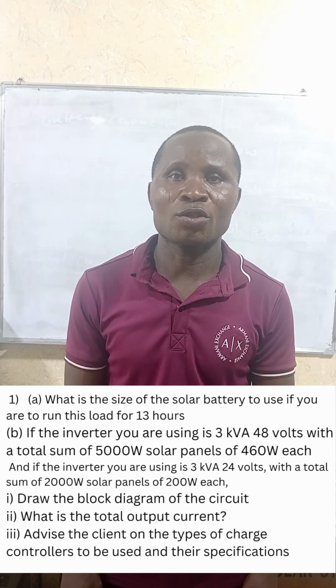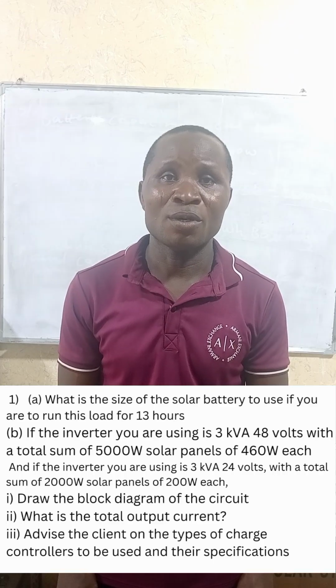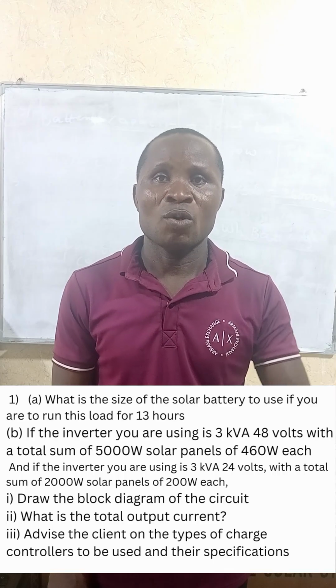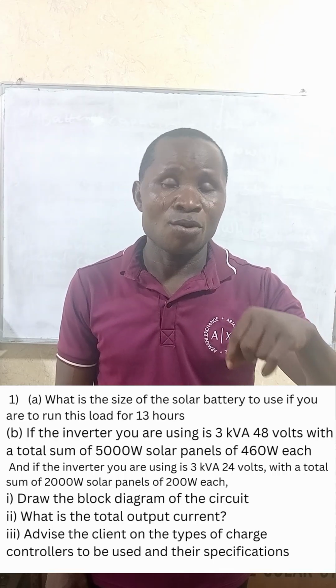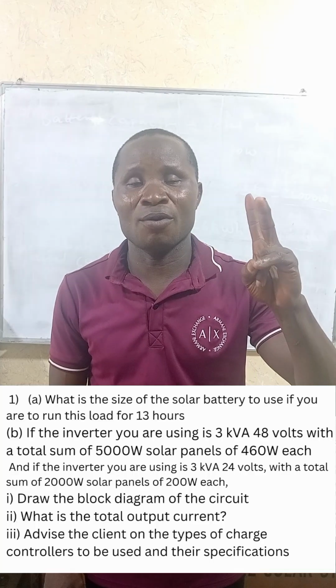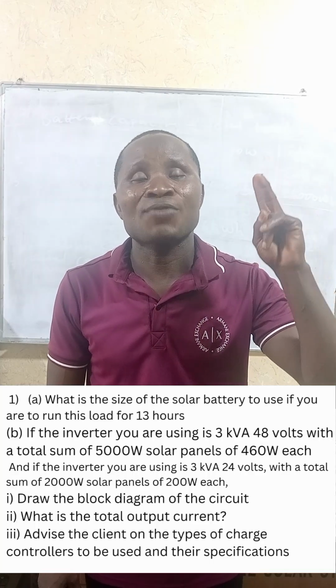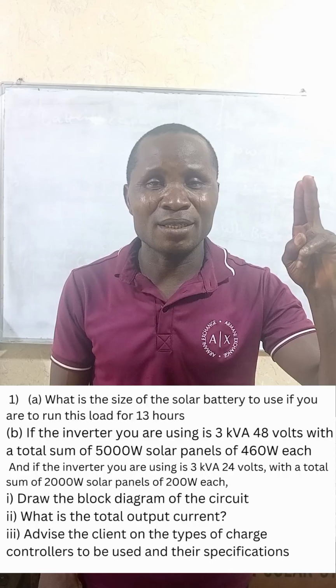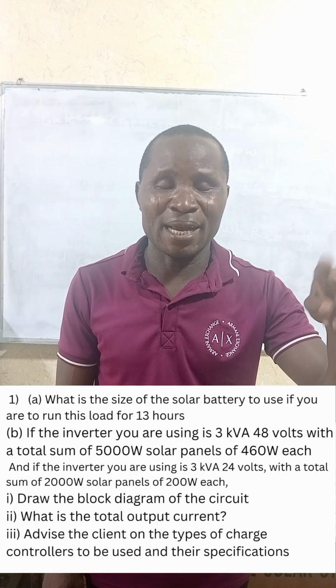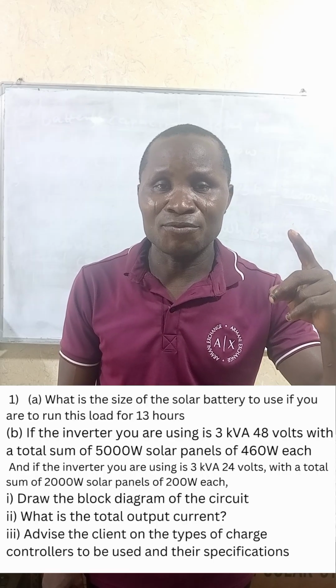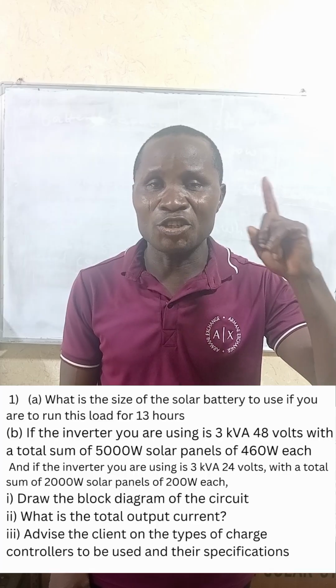Now, question number 1 under that B: draw the block diagram of the circuit. Remember, you have 2 circuits now. When you are using 5,000 watts solar panel as the sum, 460 watts each.